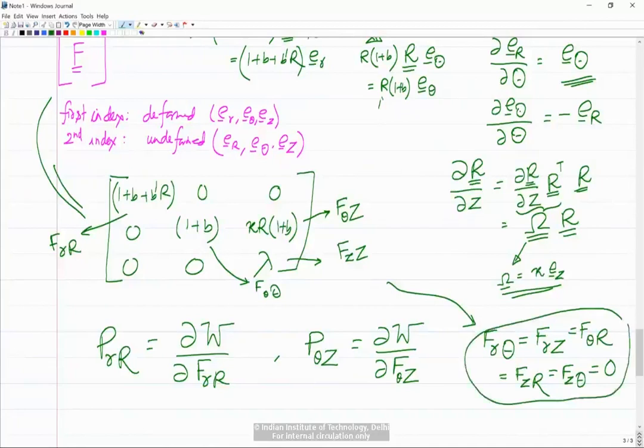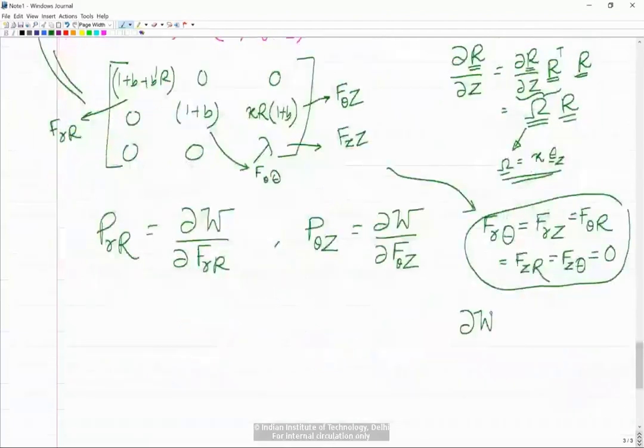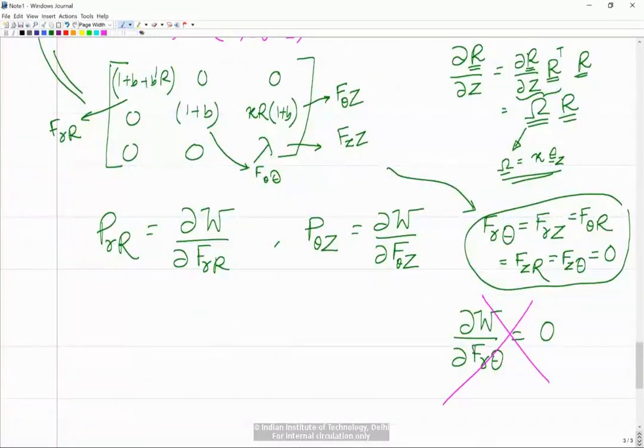Right? There are 5 zeros. Certainly this does not mean that del W by del big F R theta will also be equal to 0. Just because F R theta is 0, that does not mean its derivative will be 0, because W depends on all the components, no? So after taking the derivative, you have to evaluate it by putting in all the components, but other components are not 0, so you can't say that this will be 0.